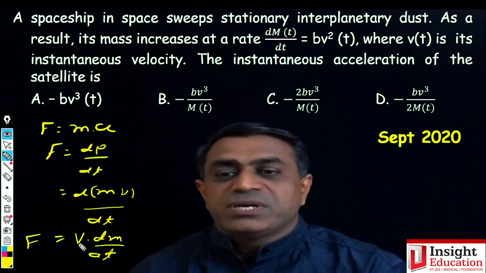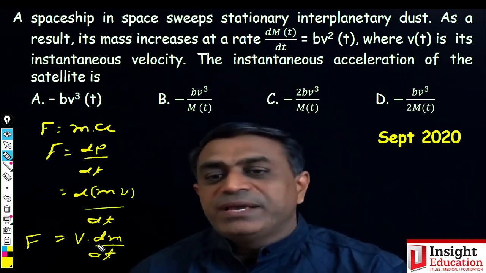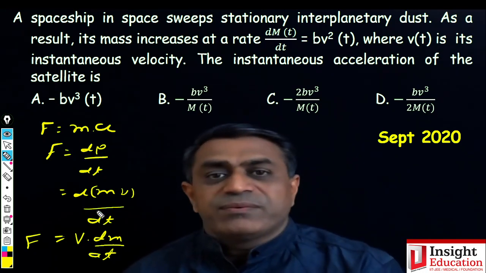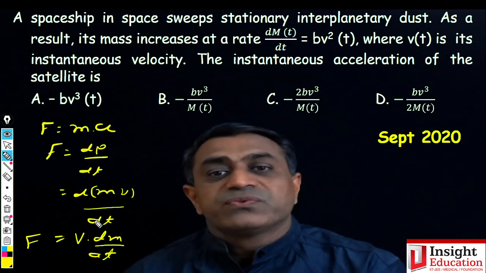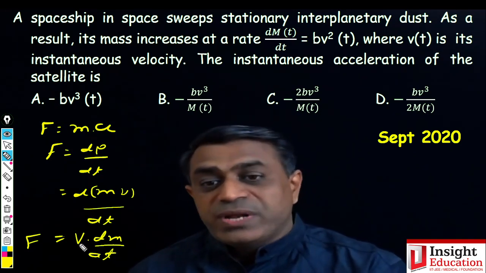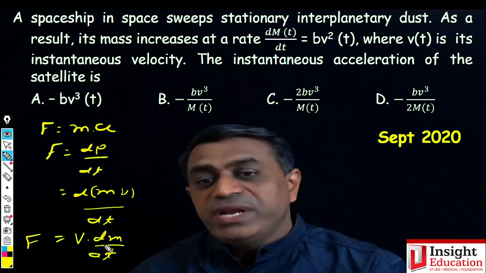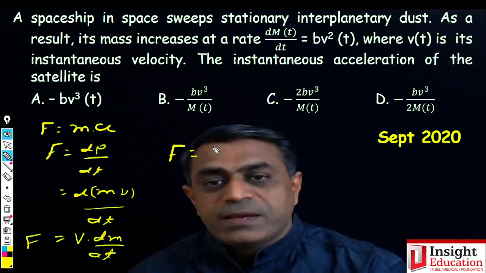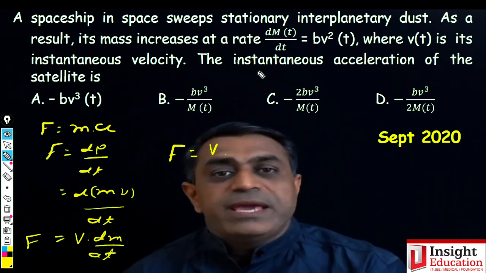Now force is equal to v dm by dt, and divide it by mass, so you will get acceleration. Our first target is to find the force. So force is equal to v dm by dt, and dm by dt is given.